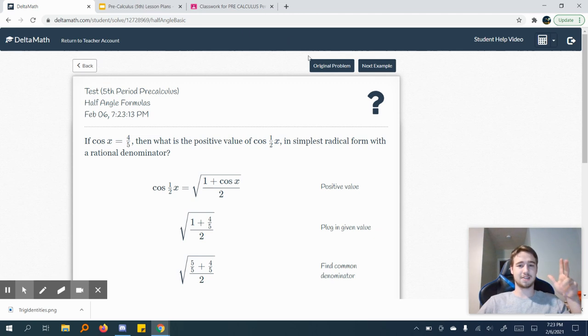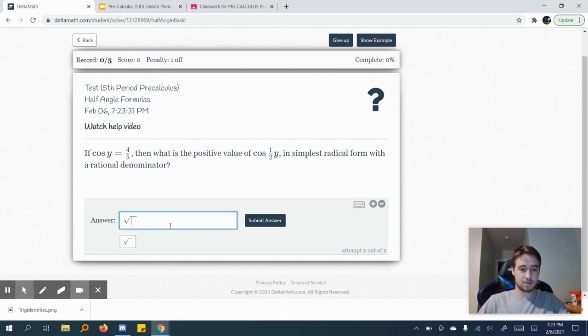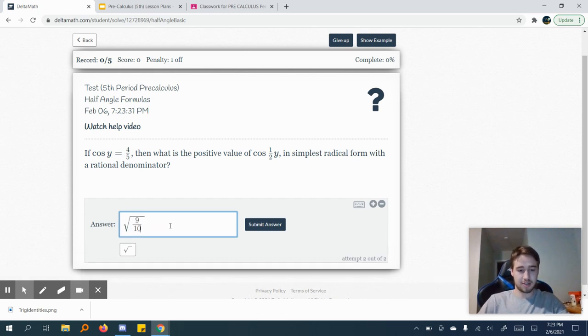It's been a while since I've actually done this kind of problem, so I'm kind of learning this along with you. So instead of having 3 root 5 over 10, you would have square root of 9 over 10, which is going to be the same as square root of 9 divided by square root of 10, which is going to in turn be the same as 3 over radical 10.